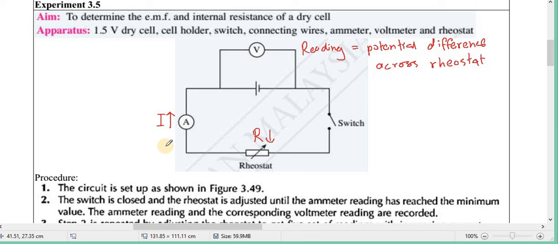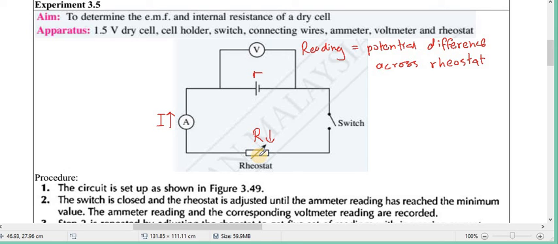Okay. However, remember, inside the dry cell you have internal resistance. If the resistance outside here becomes smaller and smaller, it means the potential difference across the rheostat will become smaller and smaller.